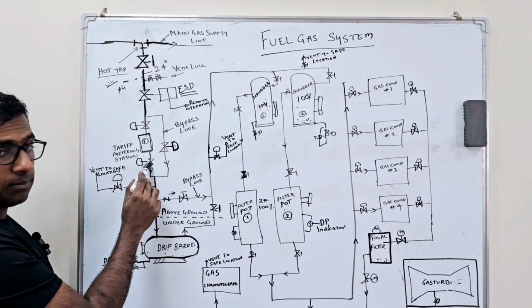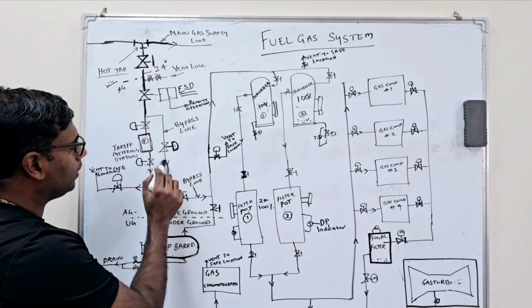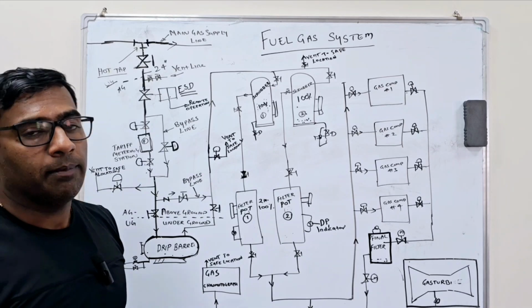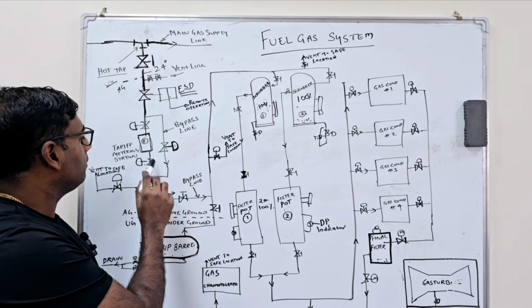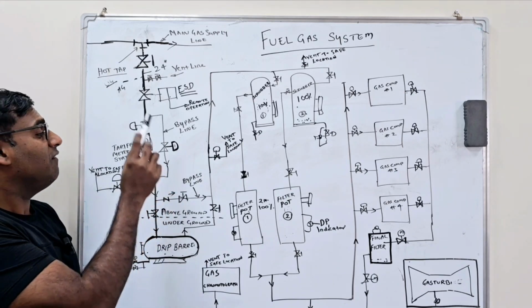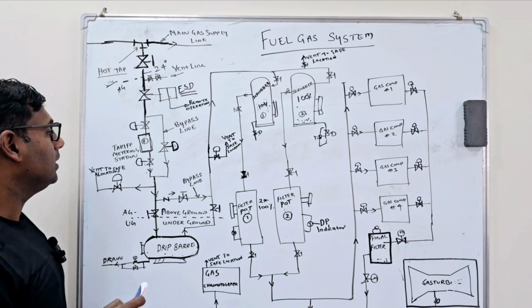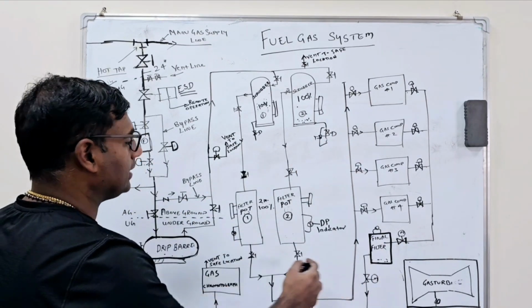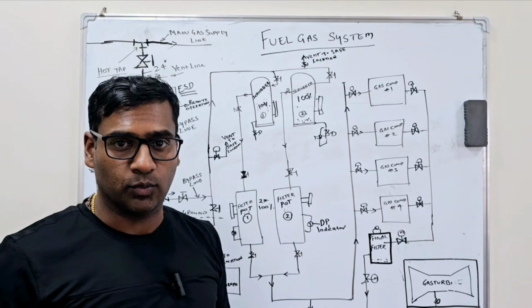There are 2 isolation block valves for this metering station, and I have shown here a bypass valve. The purpose of this bypass valve is to bypass the tariff metering station when it is undergoing some kind of maintenance. So we don't need to shut down the entire gas station because the flow meter has some maintenance work.